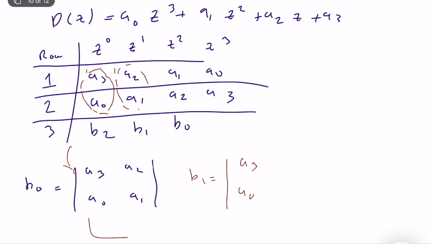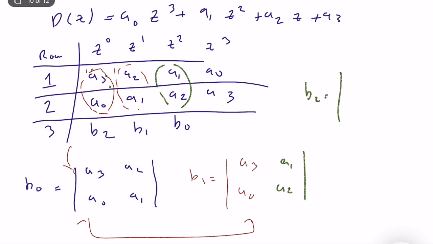As you can see, the first columns are equal, but in the second column we change it to a1 and a2 and take the determinant. So we already used the first column, now we skip the second column and go to the third column to compute b1. Take the determinant.